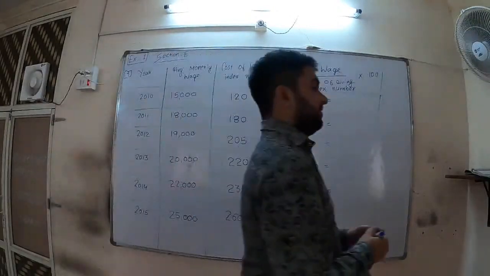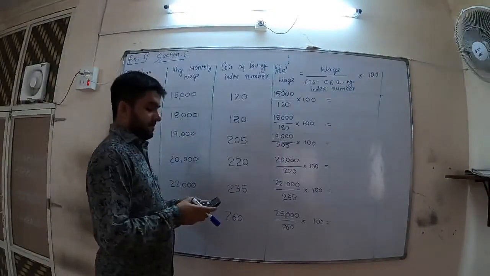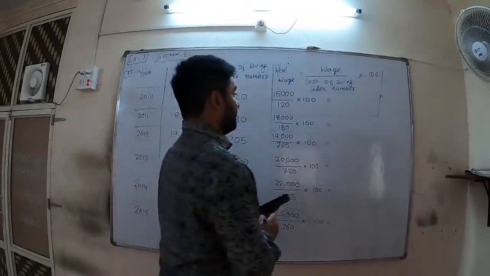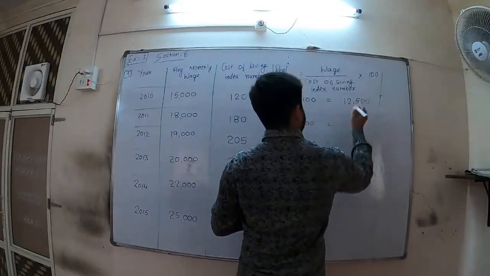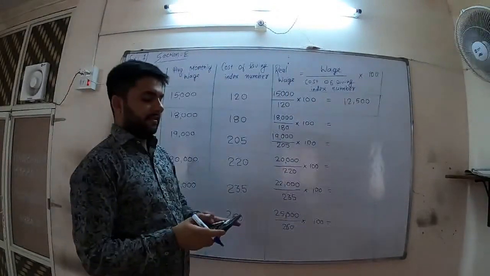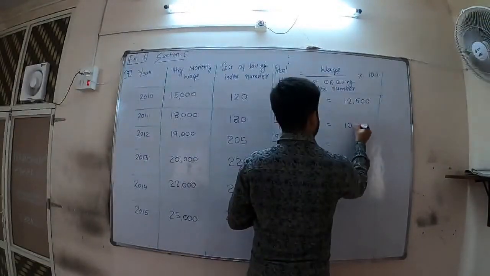Now using calculator, 15,000 divide 120, multiply 100 is 12,500. 18,000 divided by 180 into 100 is 10,000.